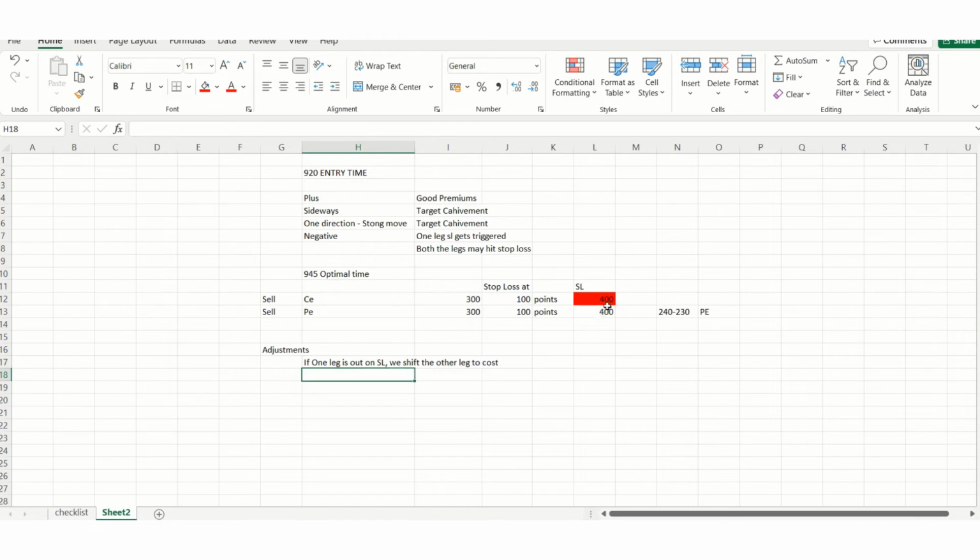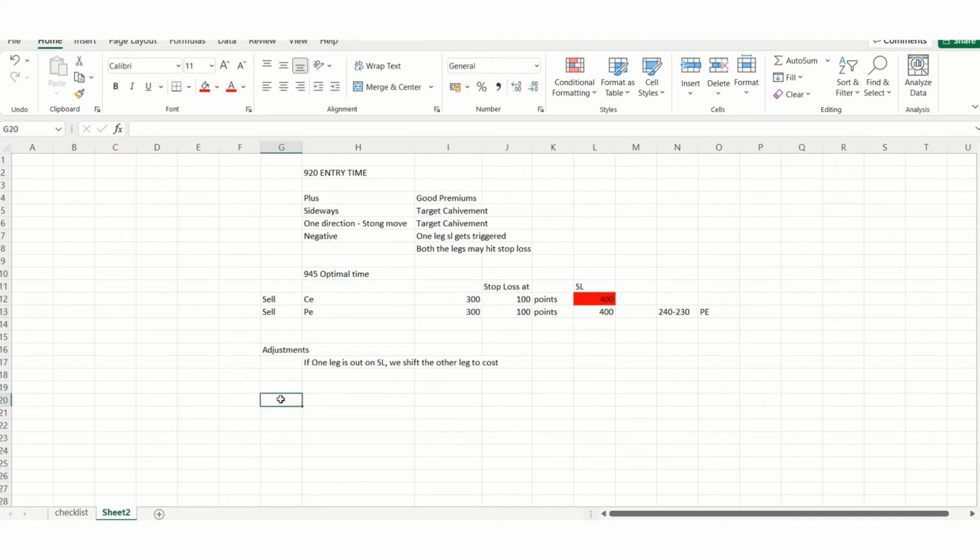So once the stop loss of CE has hit at 400, we will shift the stop loss of PE to 300. It means the PE is trading right now at 240, 230. So our SL will be now 300, not the initial stop loss of 400. So we are shifting the stop loss of the surviving leg from 400 to 300.